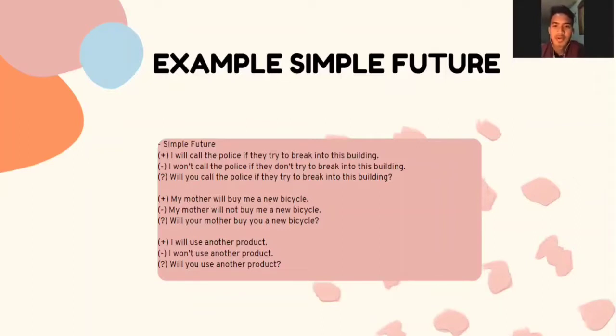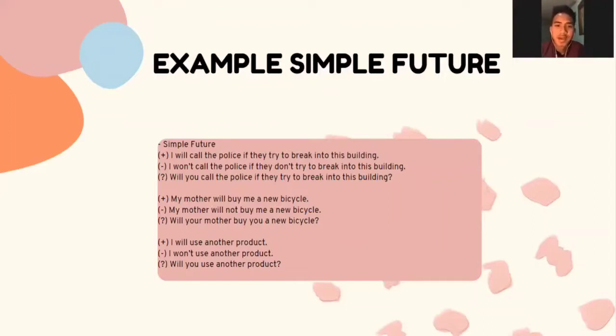Will you tell the police if they try to break into this building? Positive. My mother will buy a new bicycle. Negative. My mother will not buy me a new bicycle. Interrogative. Will your mother buy you a new bicycle?